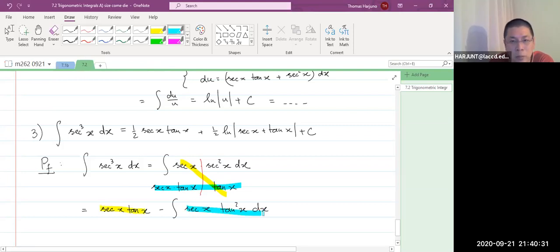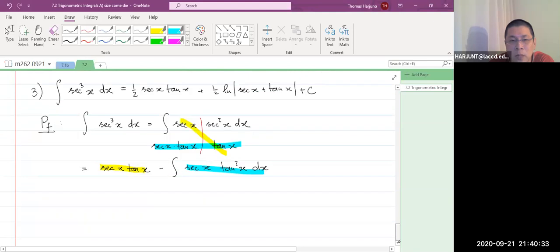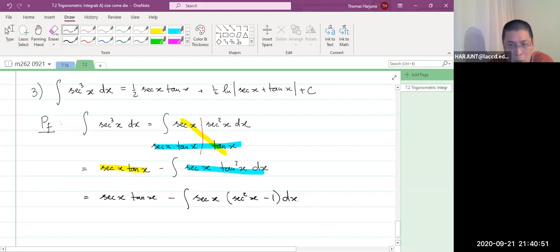That's the blue. Now the thing is, the second part, the second term, can be rewritten into secant x times secant squared x minus 1 dx, right?